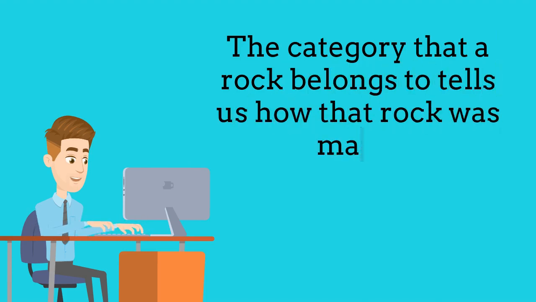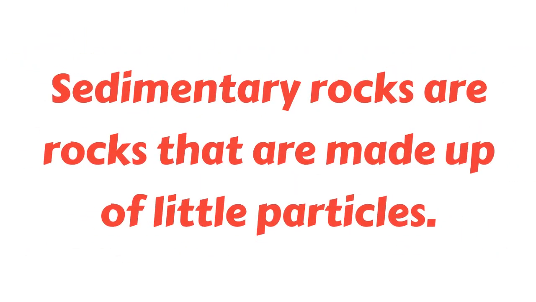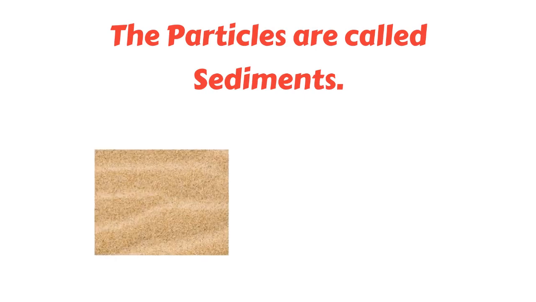So let's start with our first category of rocks, and that is sedimentary rocks. So what are sedimentary rocks? Sedimentary rocks are rocks that are made up of little particles. And those particles are called sediments. An example of sediment is sand.